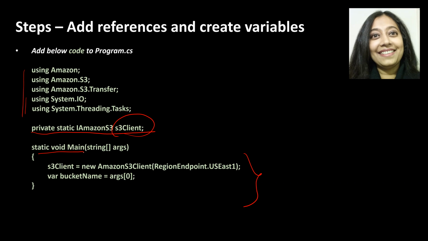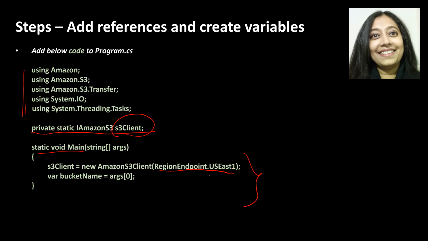Now over here, I have actually hard coded the region. If you want, you can send this region as one of the parameters. But I just made this a little simpler so that I didn't have to worry about getting the right region and then write code to conditionally assign the region to our S3 client.